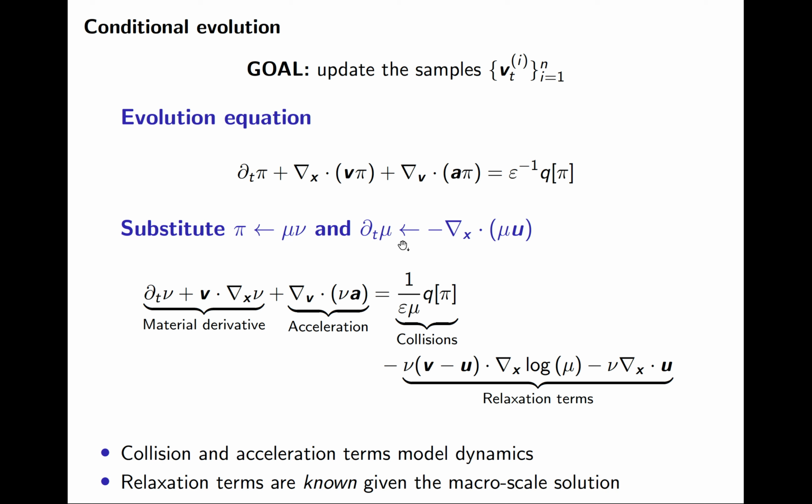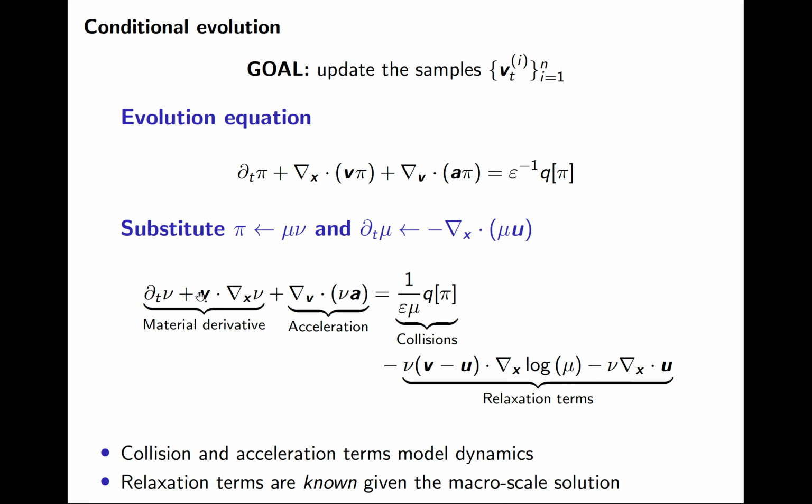And then we also will substitute in for the derivative of the mass density. We'll use the mass balance equation, or the mass conservation equation, to substitute this in for this time derivative. And when we do that, we end up with this equation here, which is an equation for the evolution of the conditional density over the velocity coordinate.